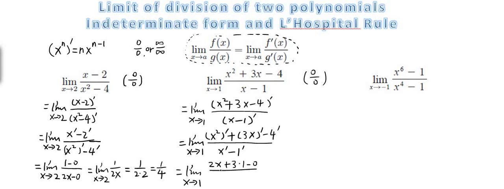And the derivative of x is 1, derivative of the constant equals 0. And again x approaches 1, we have 2x plus 3. So we can plug in 1 here. You're gonna get 2 times 1 is 2, 2 plus 3 is 5.